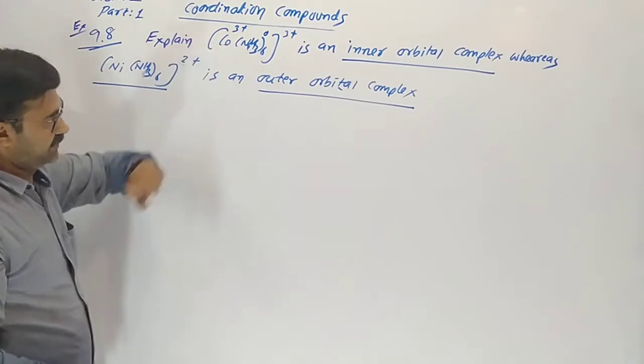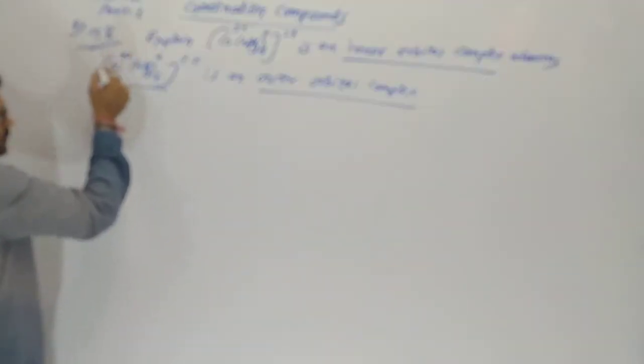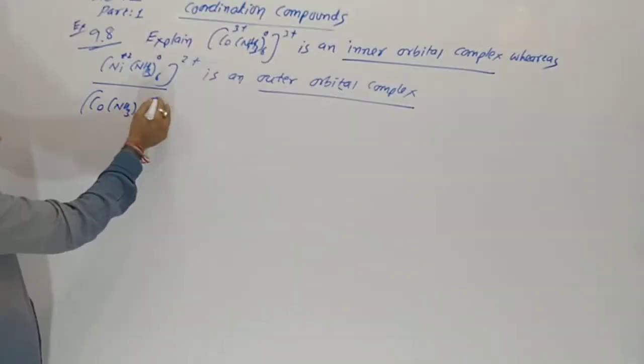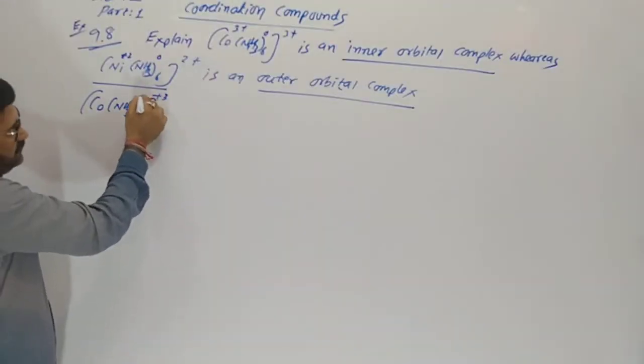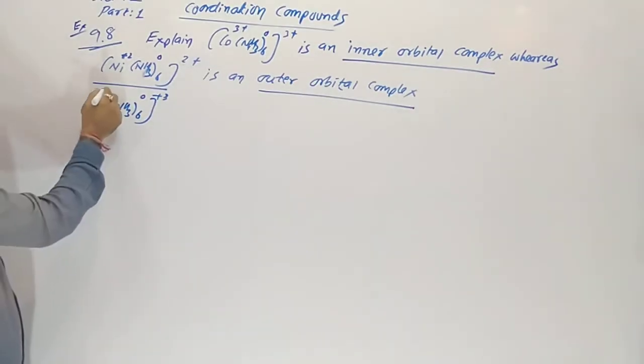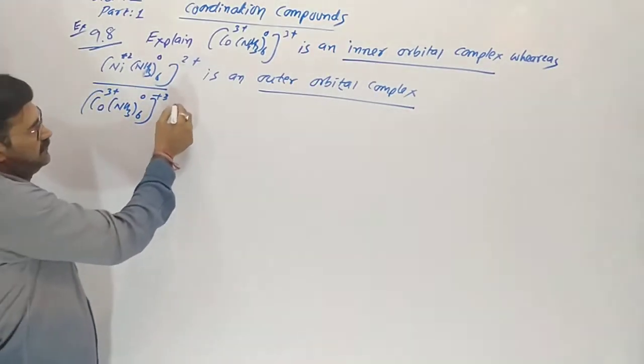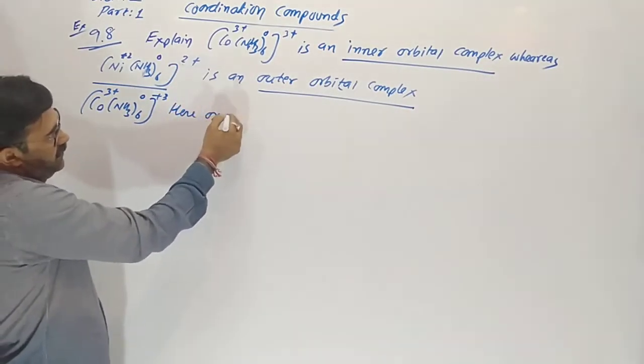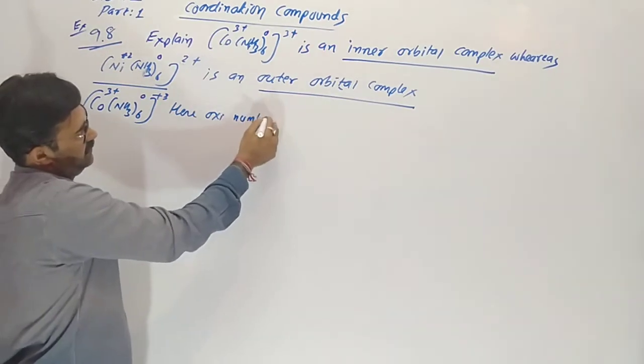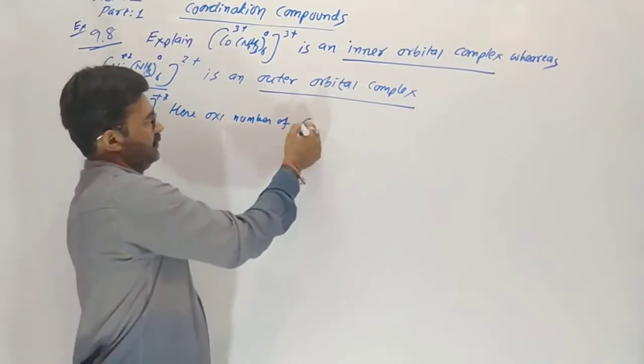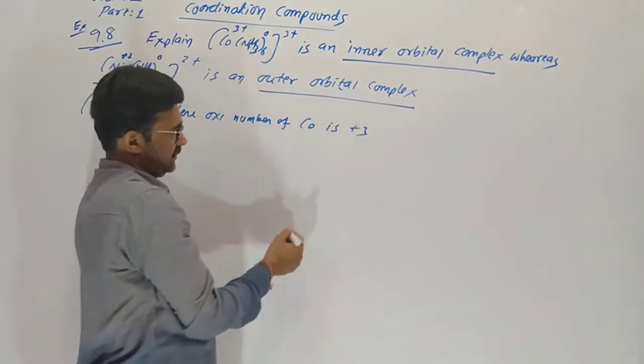Hexaamine cobalt 3 and hexaamine nickel 2. In Co(NH3)6 3+, amine is neutral, so cobalt will be plus 3. Here the oxidation number of cobalt is plus 3.